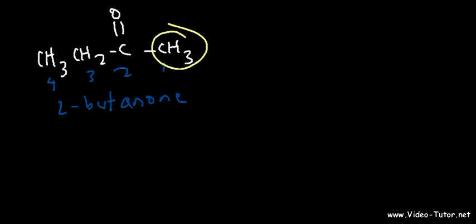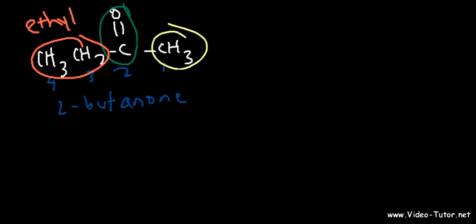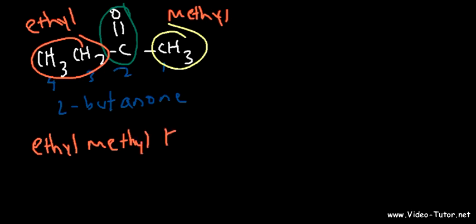Here we have a methyl on the right side of the carbonyl group, and we have an ethyl on the left. So putting it in alphabetical order, it's ethyl methyl ketone. That's the common name for that molecule.